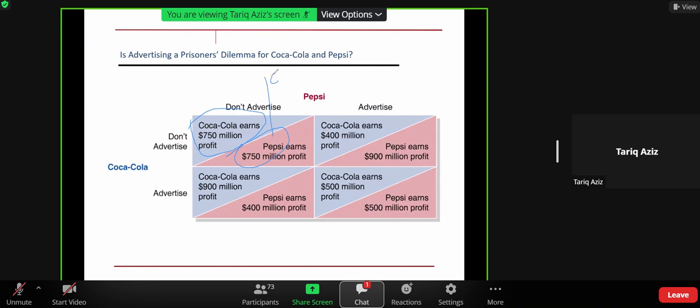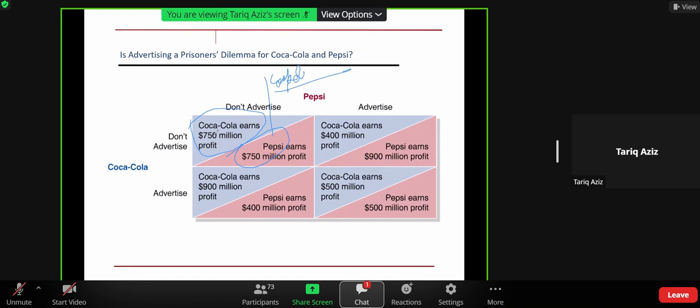So this is the cooperation. If they cooperate with each other and do not try to snatch the market share from the other player, in that case their profit will be maximum, because they don't need to spend any amount of money on advertising. The market size is fixed. The market size cannot be increased.